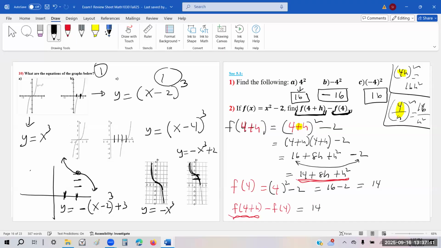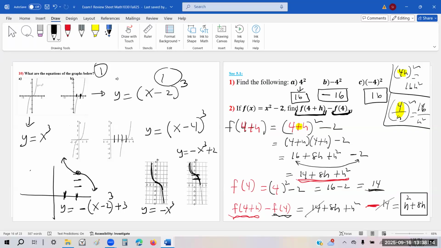So we get 14 plus 8h plus h squared. We are subtracting our second piece here, which is 14. And then what do you observe? They cancel out. So you have h squared plus 8h. You can write 8h plus h squared, it doesn't matter.